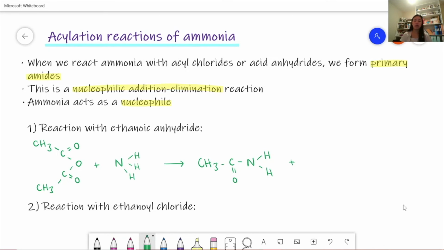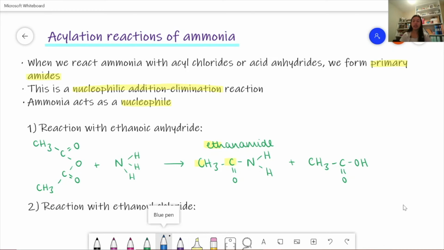And what we also form is ethanoic acid. So we have CH3, C double bond O, and OH. So what we've formed is ethanamide. And we call it that because it's an amide and we've got 2 carbons, so we use the prefix eth.